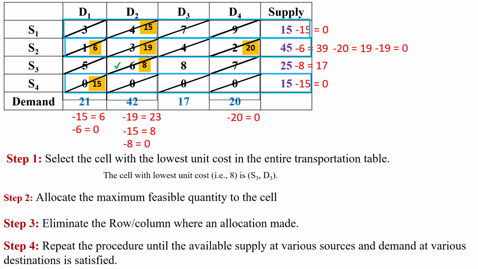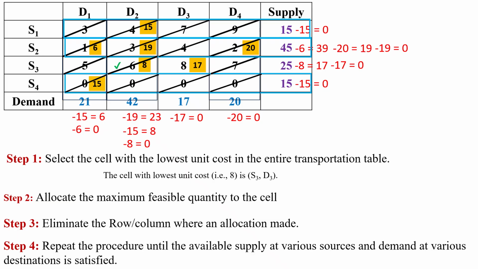Next lowest cost is 8 for the S3 row and the D3 column. Here I observe the supply as well as the demand. Supply and demand are both 17. So I allocate 17 here and subtract from the supply and demand. 17 minus 17 is 0 in the supply as well as the demand.